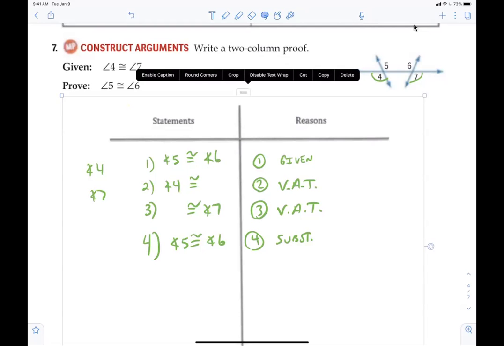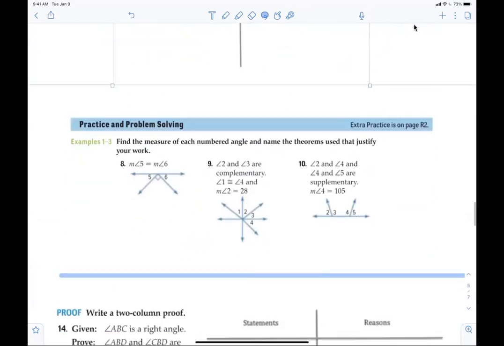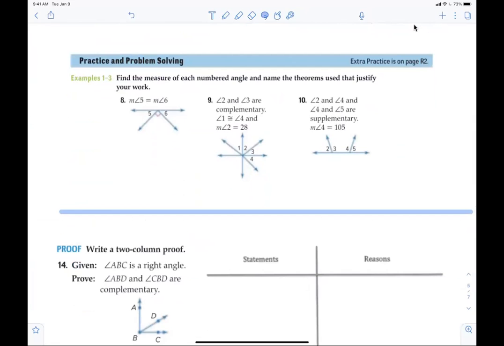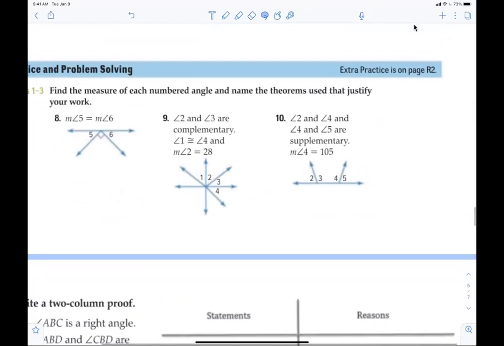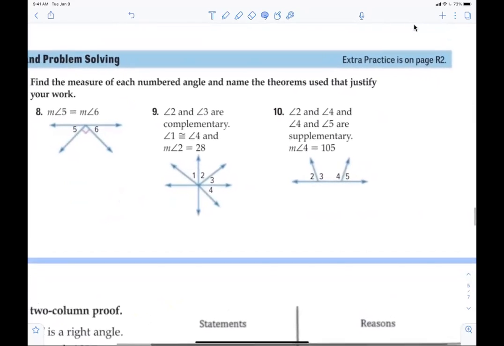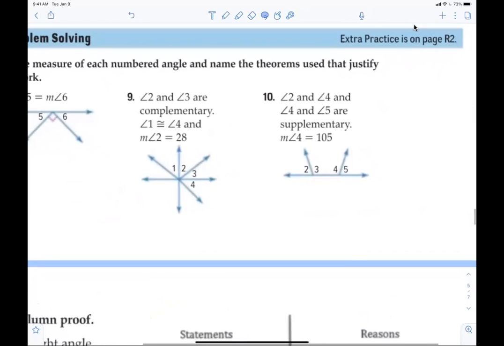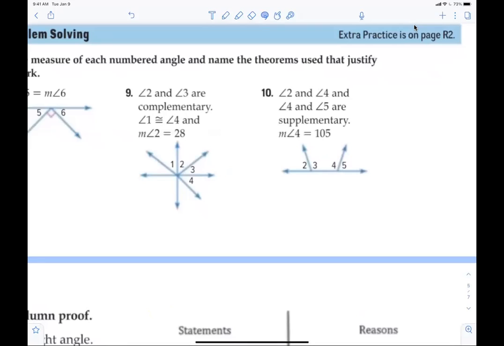So here we go. Did anybody have any questions with 8, 9, 10? Number 10, angle 2 and angle 4. Find the measure of each numbered angle. So I'm trying to find 2 and 4, right? Angle 4 and angle 5 are supplementary, and angle 4 is 105.